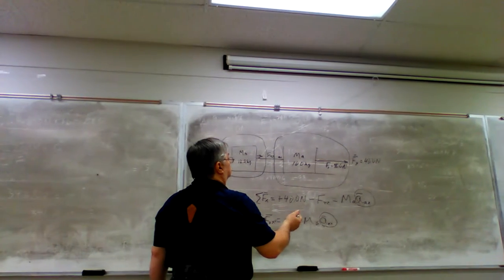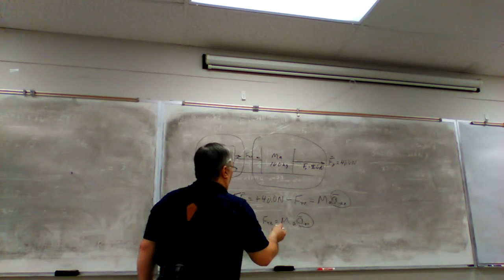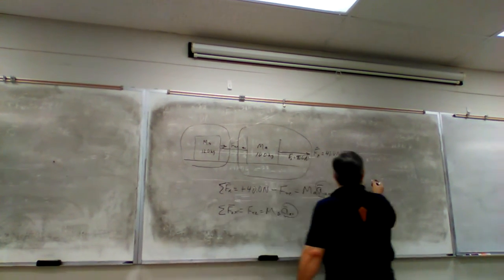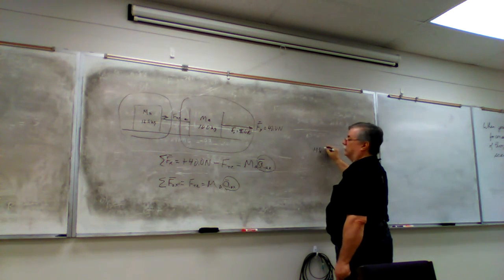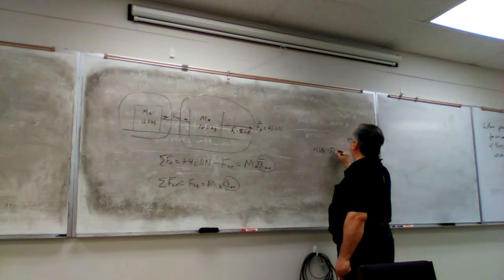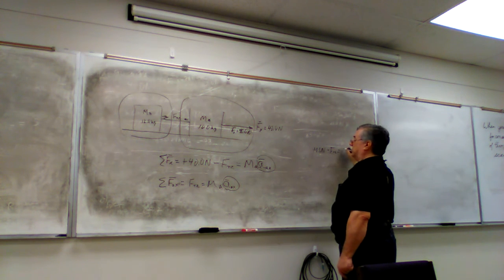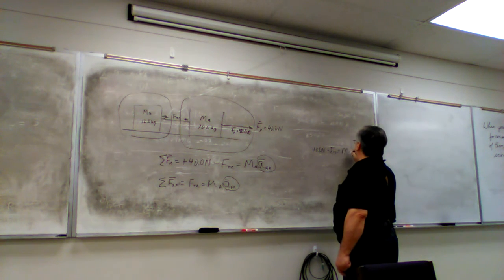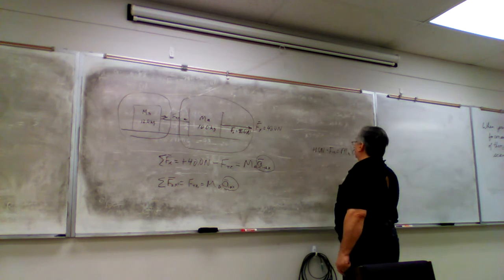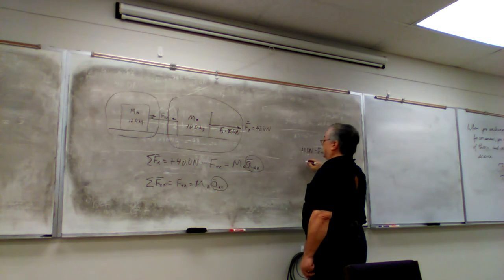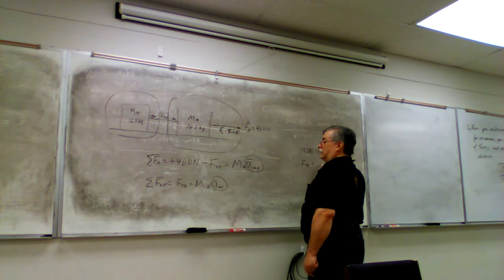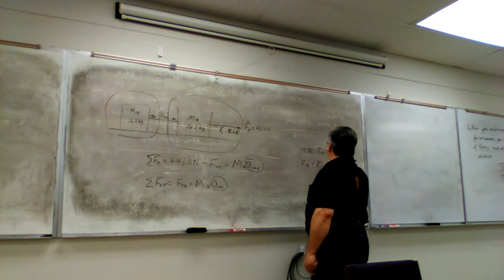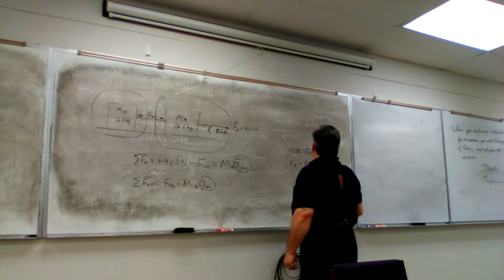So, we can rewrite both of these as 40.0 newtons minus Ft2 is equal to mass A times acceleration, and Ft2 is equal to mass B times acceleration.